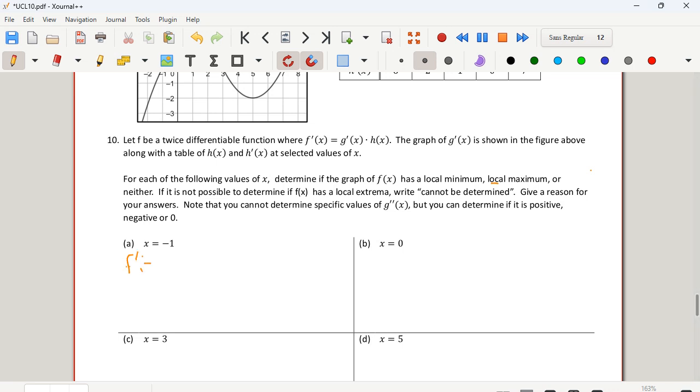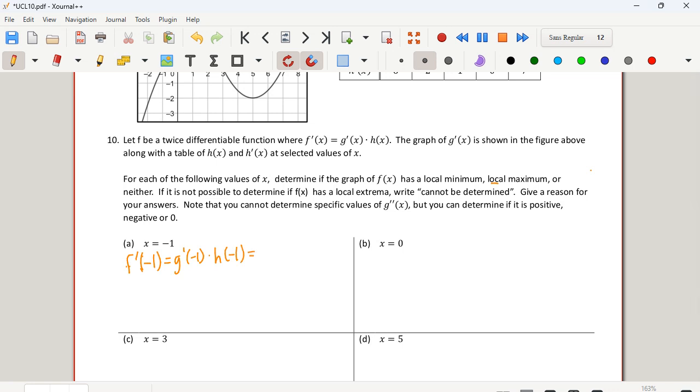F prime of -1 is g prime of -1, read from the graph, times h of -1. So you guys have this paper in front of you too. Okay. So using the definition of f prime, we've got the g prime of -1, and then that's going to be times the h of -1.